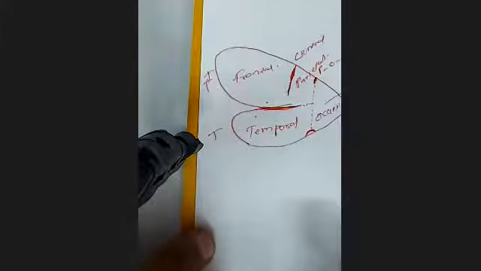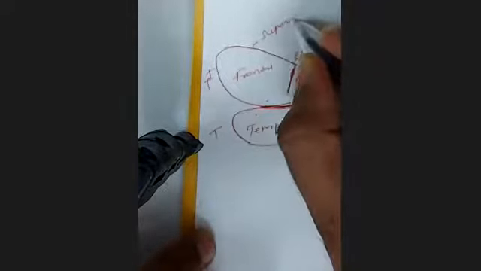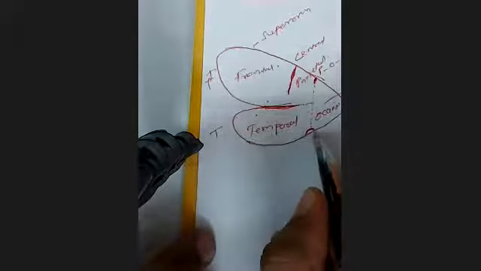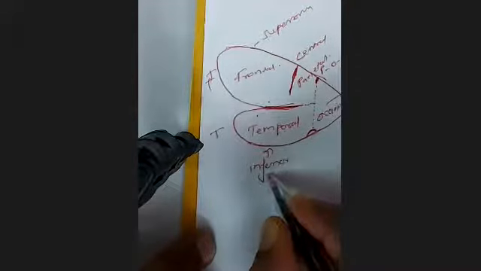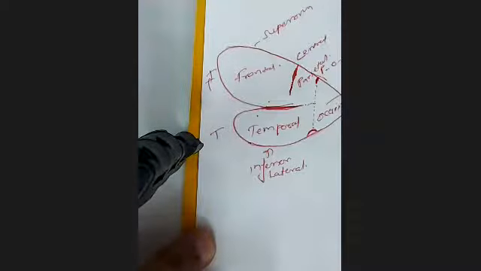Now let us talk about the other sulci and gyri. Before that, let us discuss the various borders. This border over here is the superior border of the cerebrum, while the border over here is the inferolateral border. Why inferolateral border?